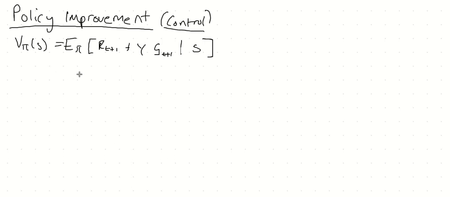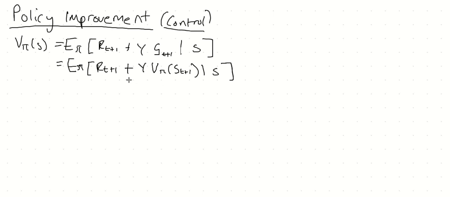And of course, we also say that this is the same as the expectation under pi of r t plus 1 plus gamma v under pi of s t plus 1, given s, because these are supposed to be the same eventually, because the value of being in this state is the reward you get after that, and following the value function of the next state under policy pi, and so forth. That was basically how we had defined the value function.